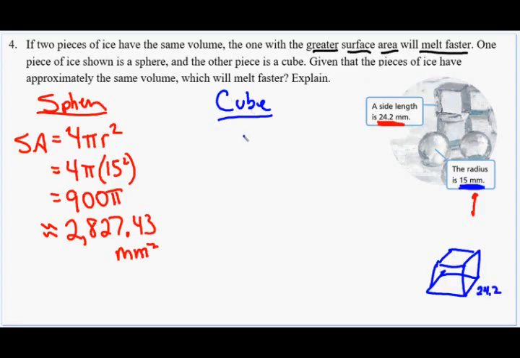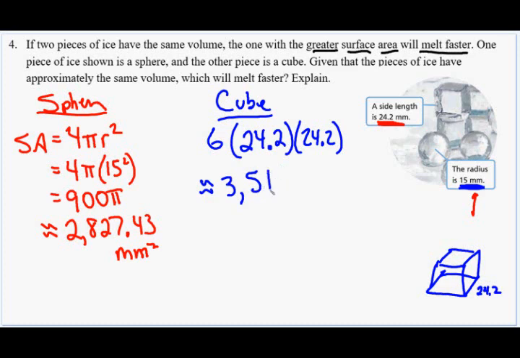So each side is going to be 24.2 multiplied by itself, and then we're going to have 6 sides on our cube. So I would just go right to my calculator, 24.2, hit the squared key, multiply that by 6. We got approximately 3,513.84 millimeters squared.